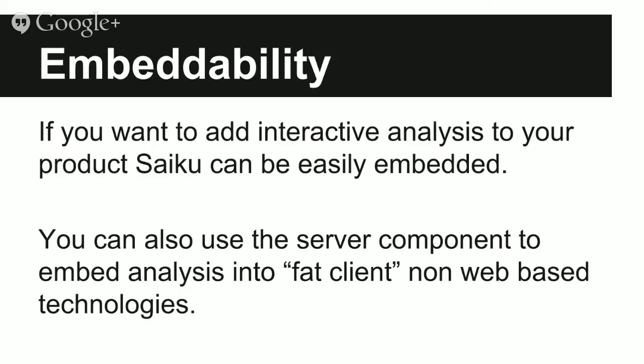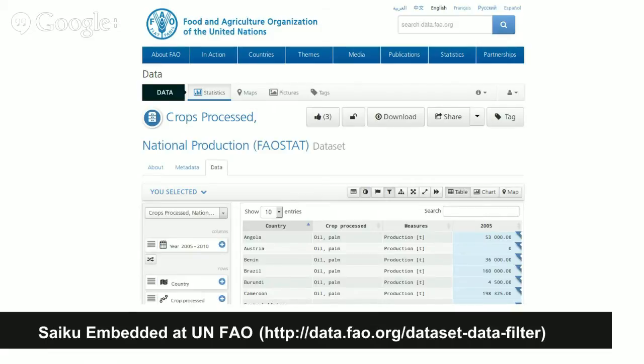So a good example of that is the UN. So the UN have been working on this one for a few years, but whilst it doesn't look like it, behind the scenes, it's entirely powered by Saiku. When a user changes the filter settings on the left-hand side, it changes the query that Saiku has generated and passes it back to the Saiku server. The Saiku server then returns the results, which are then displayed in a custom table.